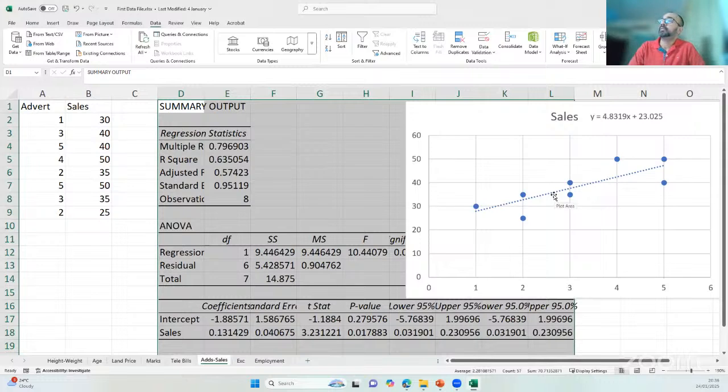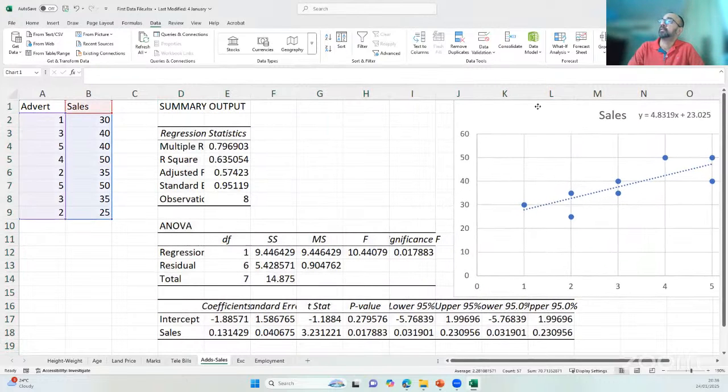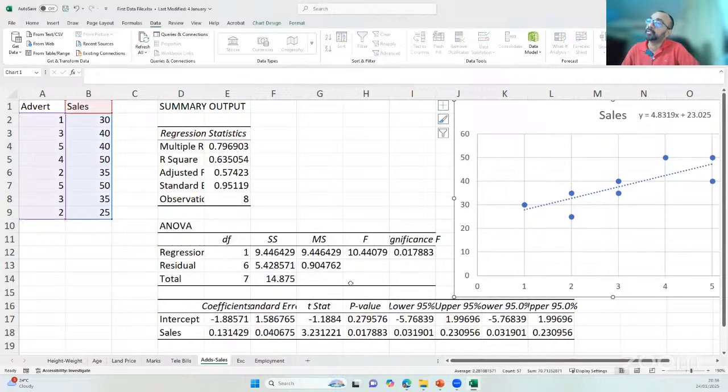Once I do that, it does the regression analysis and gives me this output. Now this output is quite informative and it has a lot of measures that we don't know about, but we can find some of the things.